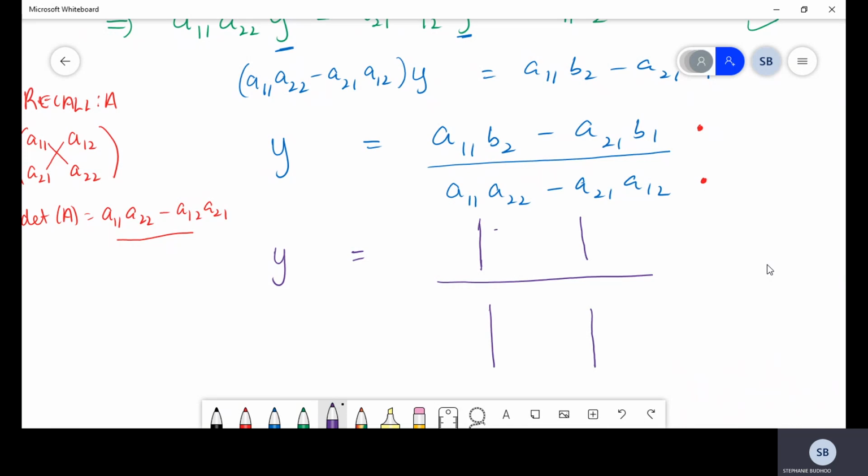So observing this product, A11 times B2, and knowing that A11 is located in the first row, first column, I will write in my values A sub 11 and B2 as follows, so that if we were to find the determinant of this matrix, we would get that first term.